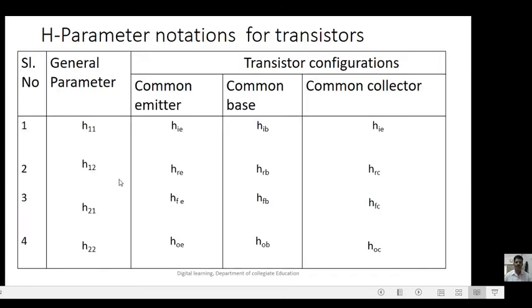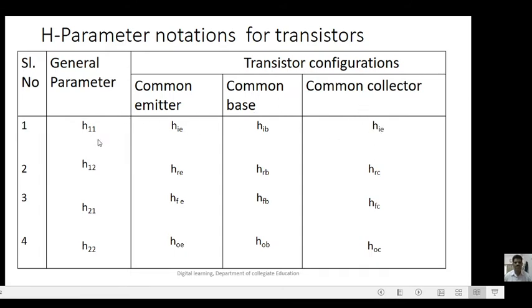So, H parameter notations for transistors. Here four serial numbers are given. General parameter, first serial number H11: common emitter HIE, we can call it HIE also, common base HIB, and common collector HIC. The transistor configurations, common emitter, common base and common collector, are given properly.